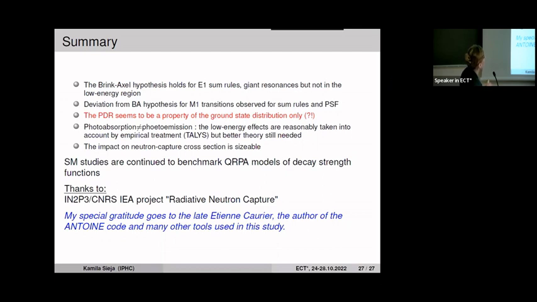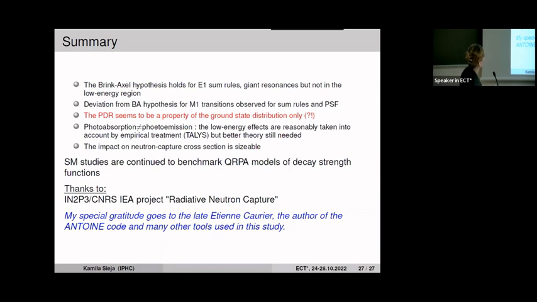And of course, when we look at photoabsorption and photoemission, it's not exactly the same thing. This is what we know, but it is really, let's say, proved in the shell model calculations. And what type of strength you take for the calculations of the neutron capture really has a sizable effect. So of course we have to continue, and we continue to benchmark the QRPA models and other models of decay that can be used.